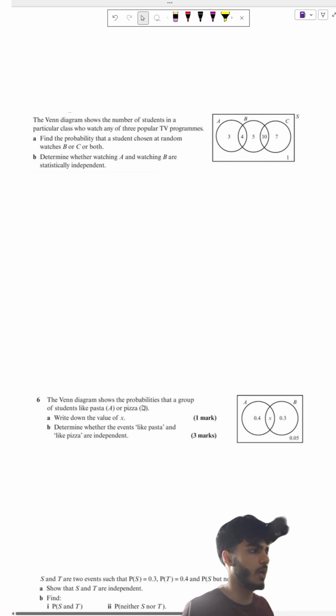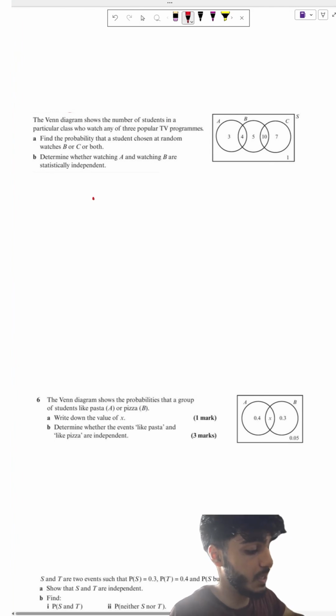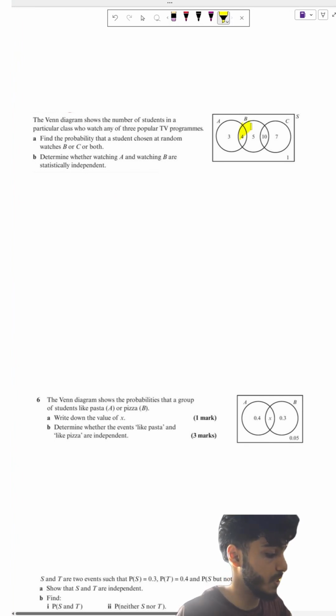The Venn diagram shows the number of students in a particular class who watch any of the 3 popular TV programs. Find the probability that a student chosen at random watches B or C or both. So we want B or C or both.